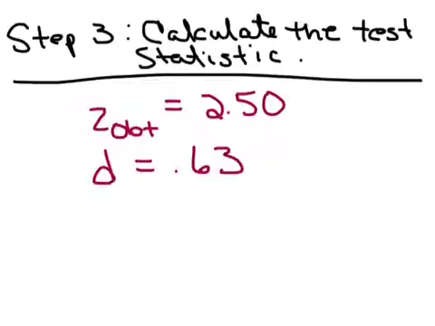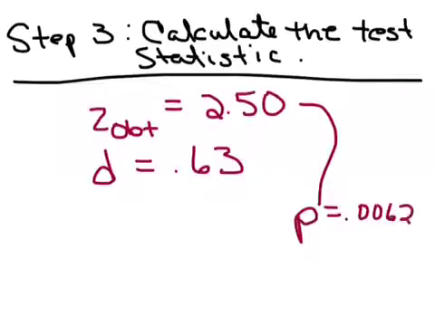But if you'll notice, the p-value will change. So now we're going to look up a p, and when you look up 2.50, just like you did last time, you got 0.0062.